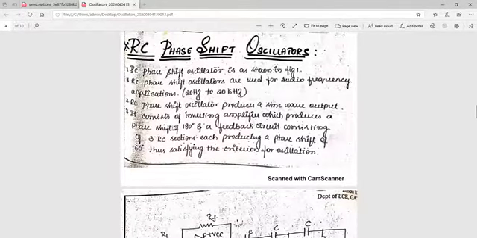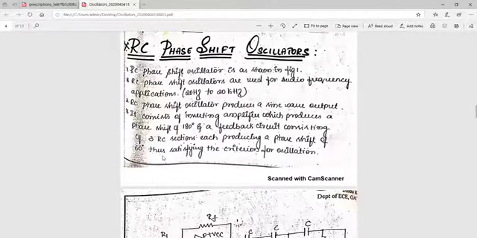Here, the RC phase shift oscillator consists of an inverting amplifier which produces a 180-degree phase shift. We know that an inverting amplifier will produce 180-degree phase shift, and we will use a feedback circuit which will have three RC sections, that is resistor and capacitor sections. Each will produce a phase shift of 60 degrees.